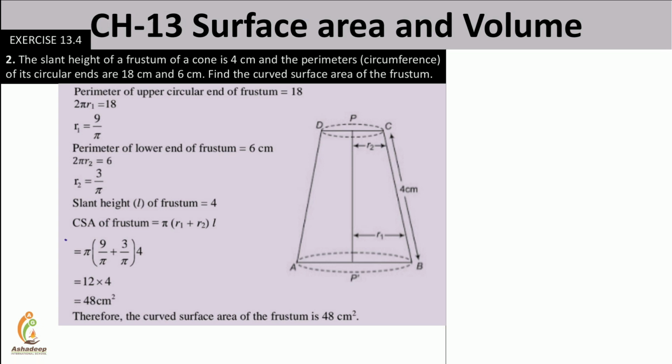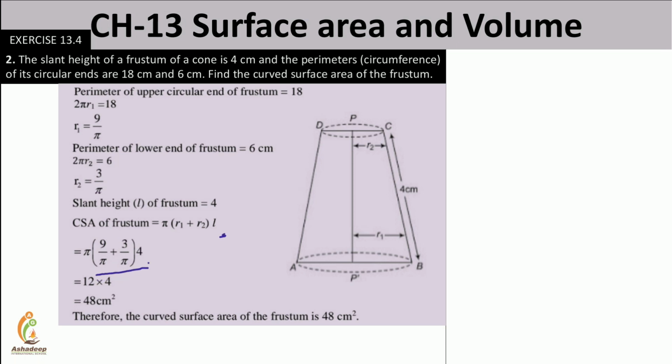Now we need to find the curved surface area. So what is the curved surface area? Pi in bracket r1 plus r2 into L. Now we simply need to put in the values. r1 is equal to 9 upon pi, r2 is equal to 3 upon pi, and L is equal to 4.